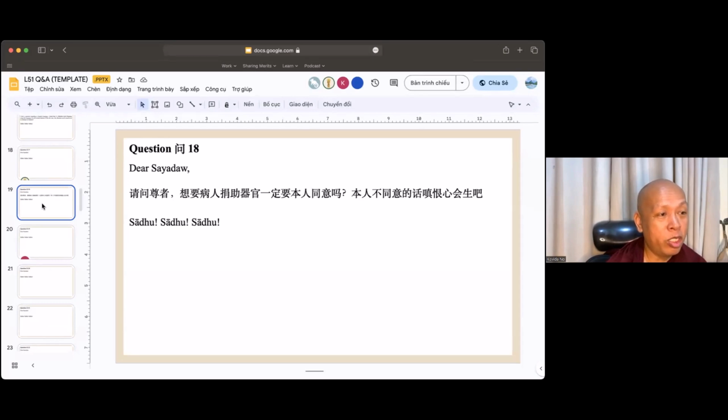If organ donation is requested from a patient, must the patient give agreement? If the patient does not agree, would there be anger? The donor agrees or the patient agrees? This is the problem.